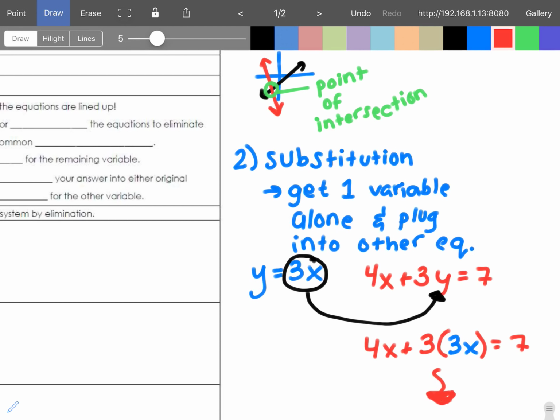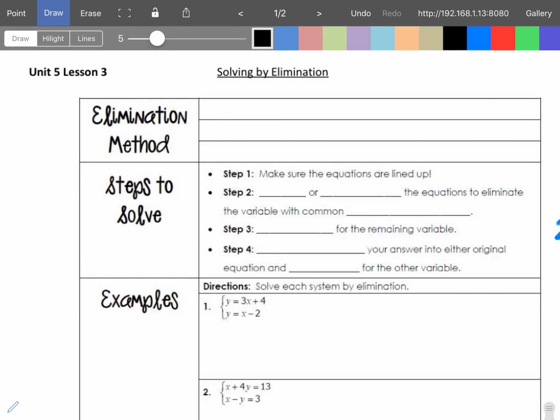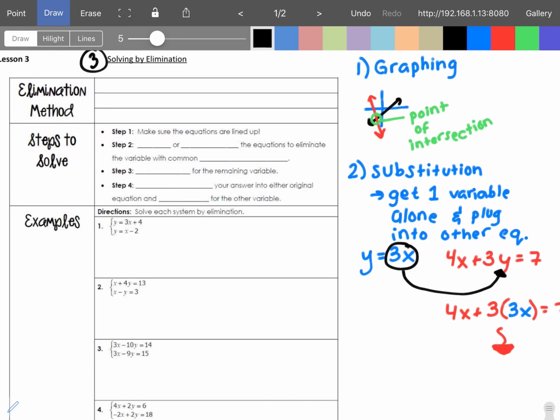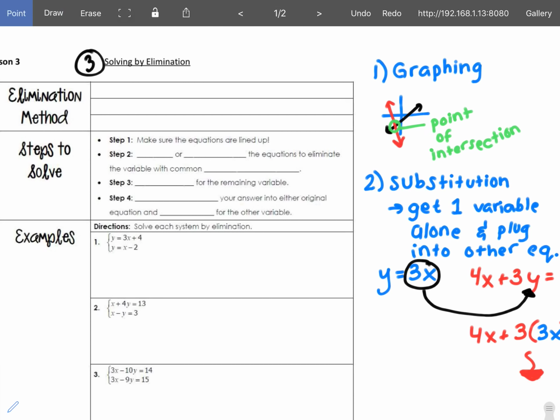The third and final way we're going to talk about when we're solving systems of equations is elimination. So this is number 3, okay? See how we did 1 over here? So we did 1, 2, this is the third one, okay?